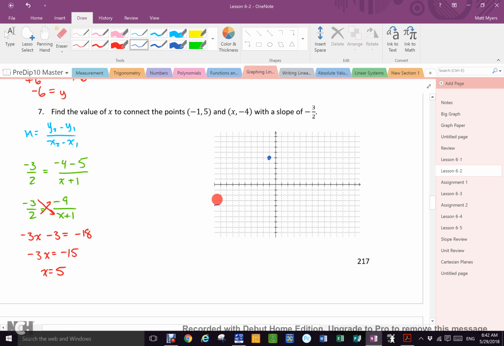Somewhere on this line, correct? If I have a slope of negative 3 over 2, that's down 1, 2, 3, left 2. Down 1, 2, 3, left 2. Down 1, 2, 3, left 2. And there's my spot. 1, 2, 3, 4, 5, which is what x is.